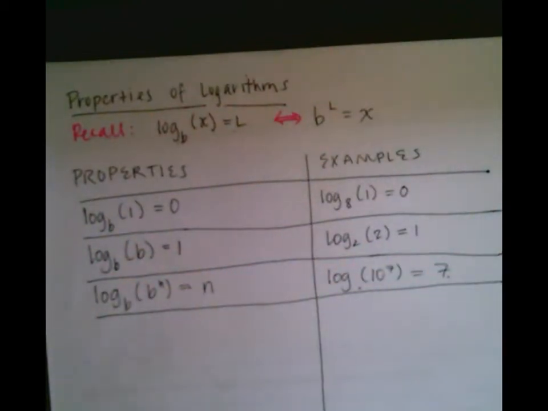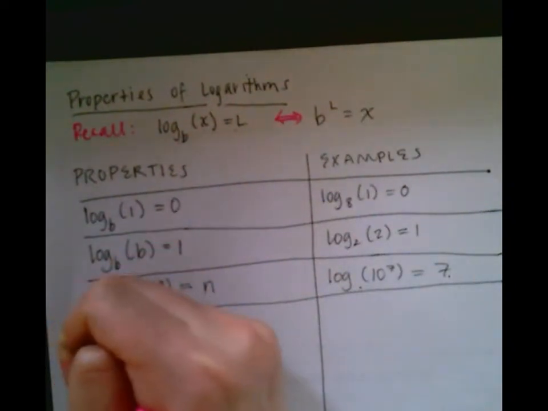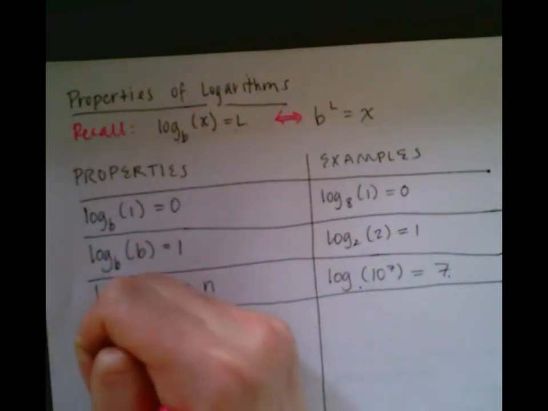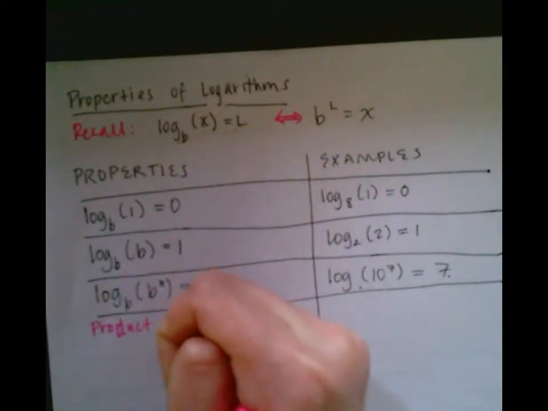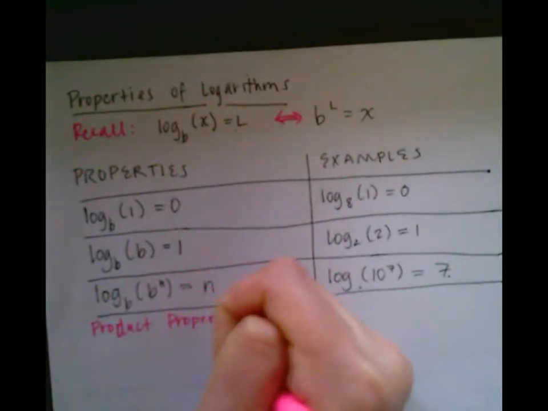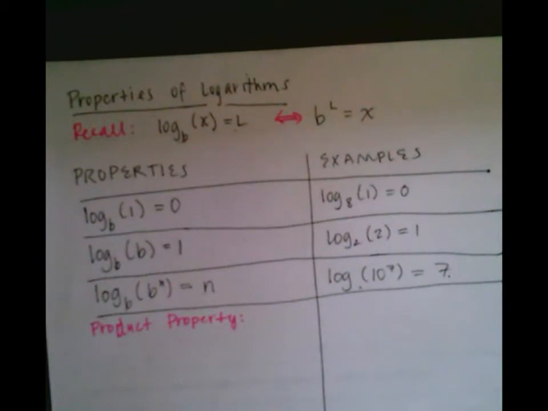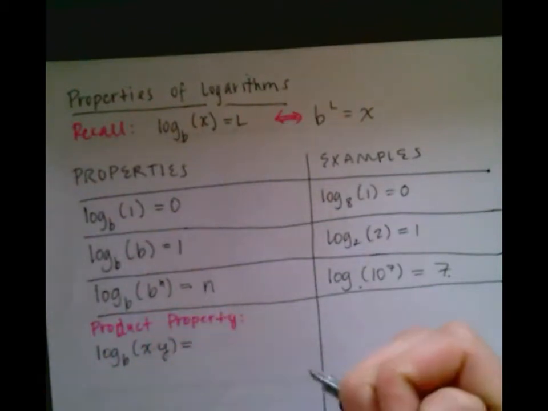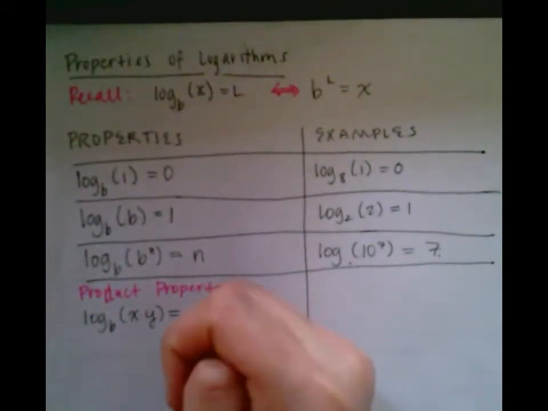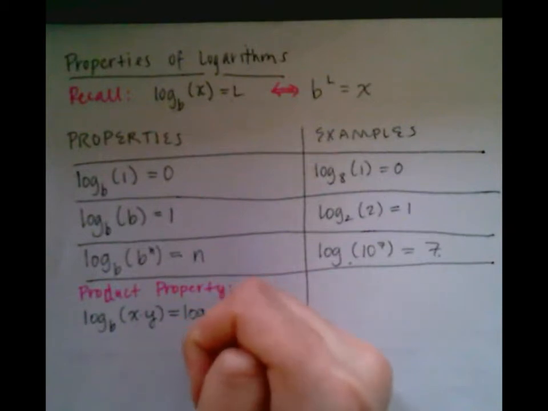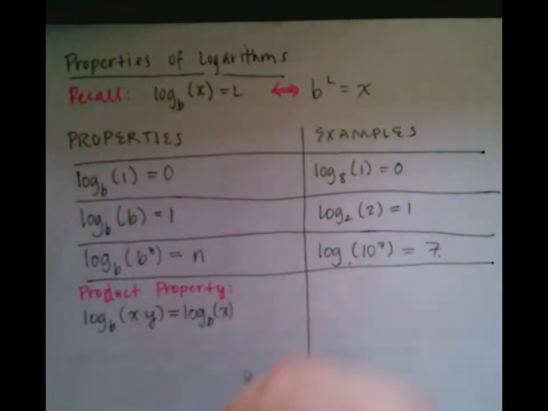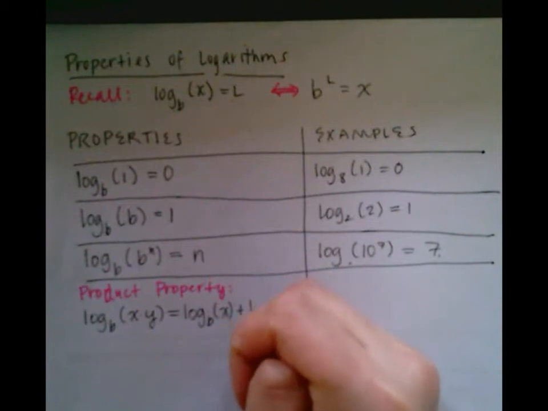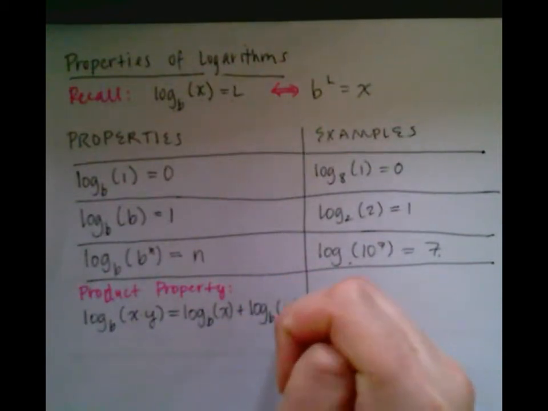So the next property actually has a name, and it's called the product property, and it's the one we figured out in class. Remember, product means multiplication. So the idea is that we have log base b of x times y, which is equivalent to the sum of the log of each factor: log base b of x plus log base b of y.